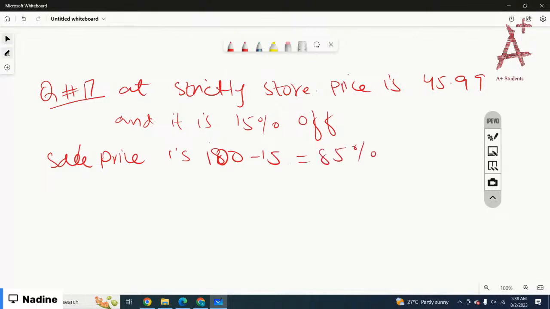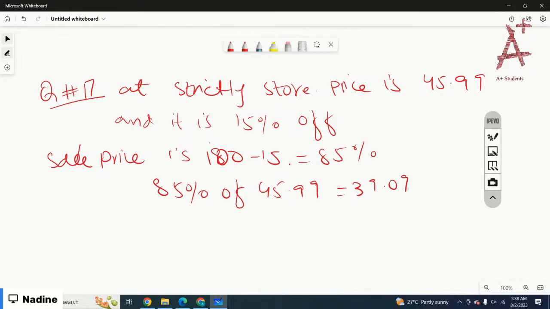That means 85%. So you have to calculate 85% of 45.99. So it is 85 over 100, which is 0.85, times 45.99. That is 39.09. That means after the discount, the price is 39.09, right?